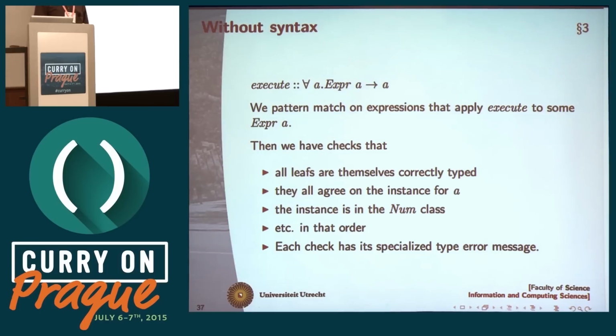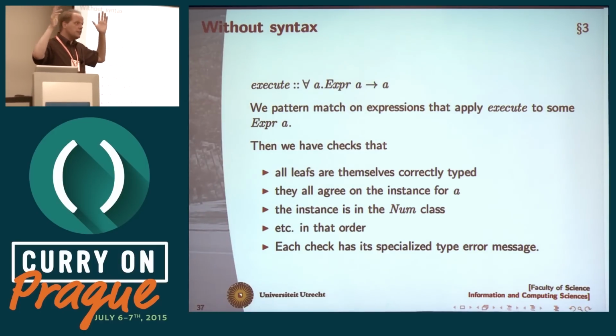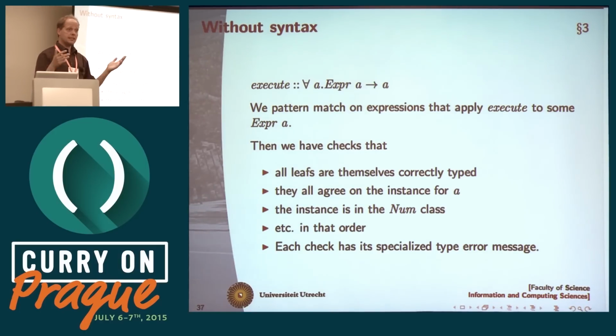So the literals are correctly typed. I can give them a type, because it could be that there's a function there that cannot be typed, or any expression cannot be typed. But once I know that all my leaves are well typed, I can verify that they all have the same type, the same instance for A. And then I will verify that this A is actually in the Num class. And then I answer for it.